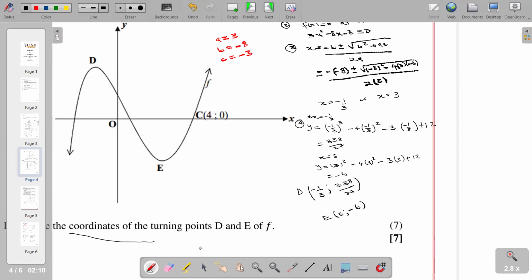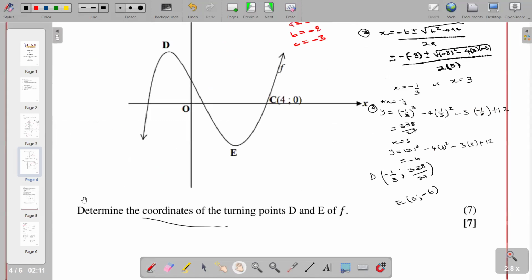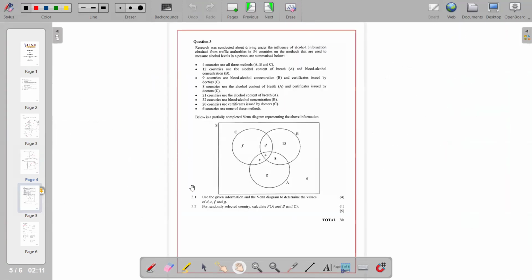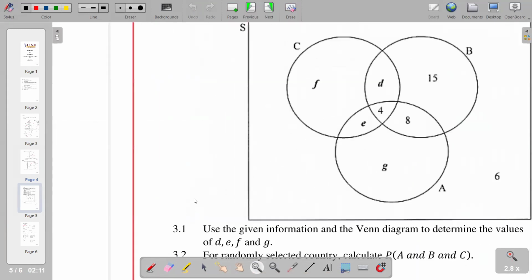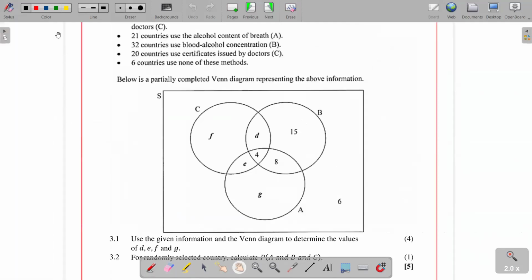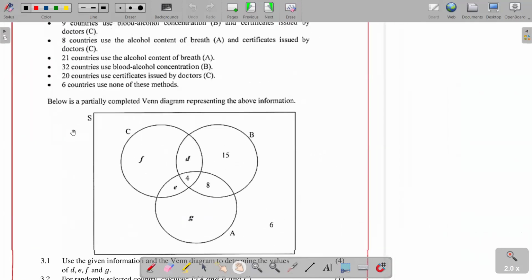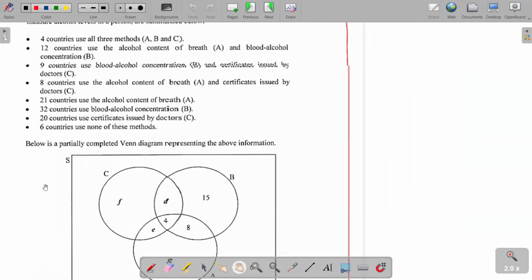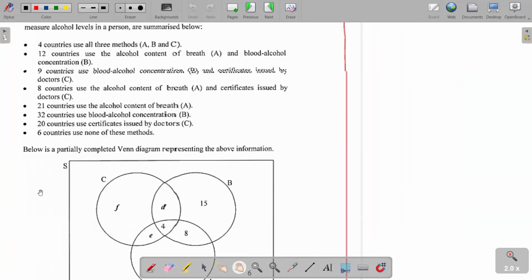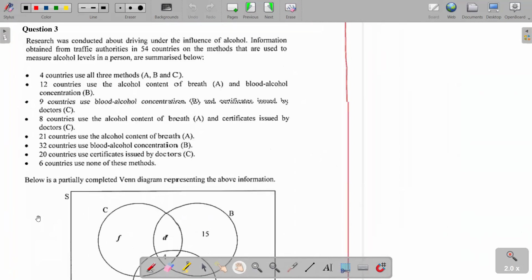Then we go to the next question. We have to check the next question. It was having a Venn diagram. This is what we are given. The question is saying research was conducted about driving under the influence of alcohol.